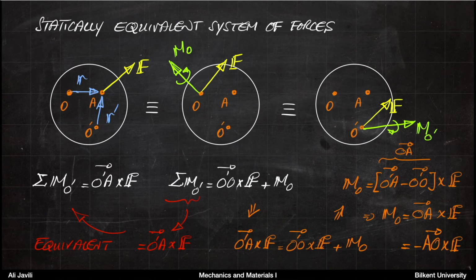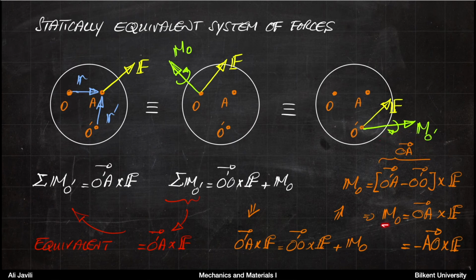And then if you do the math, you basically bring this to the left-hand side, and you would see that MO would be O prime A minus O prime O, times F, and that is nothing but OA.